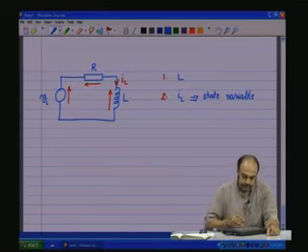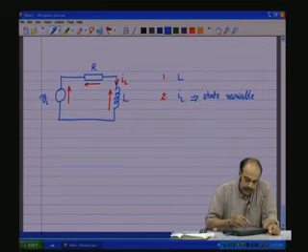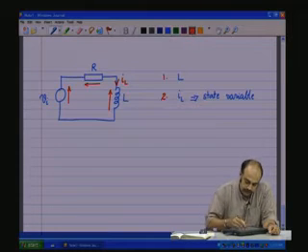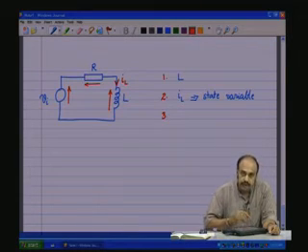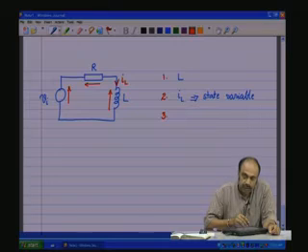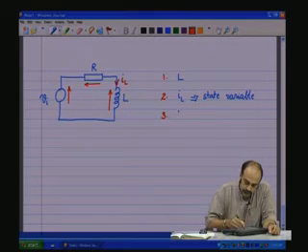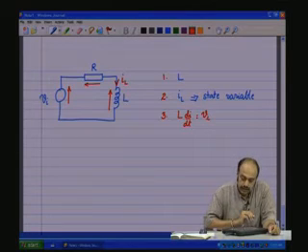And then we consider the equation, third step, of the dynamic elements, and in this case the dynamic element or the energy storing element is the inductor. So, you consider the equation L di by dt is equal to VL, or the voltage across the inductor.